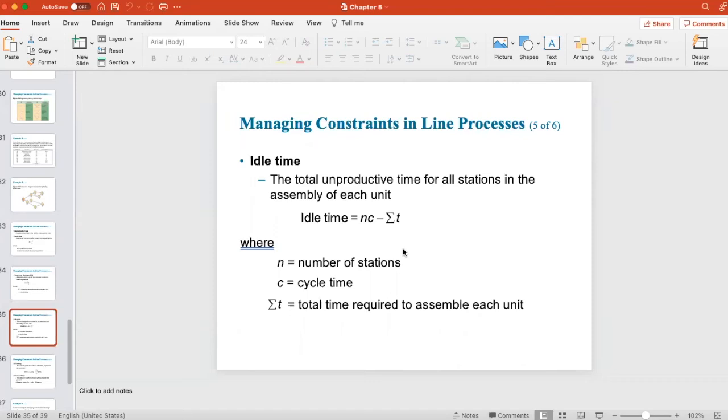Summation T represents the total time that is required in order to complete every single unit of product or every service. So if we use NC minus summation T, that will give you the time that is remaining, that is not being used within this whole process.